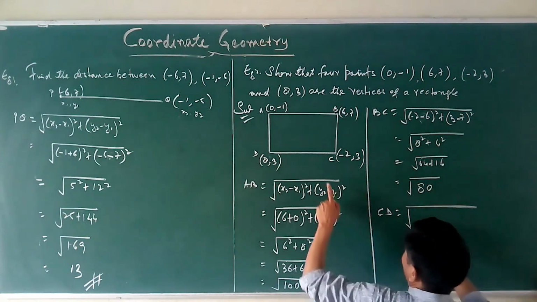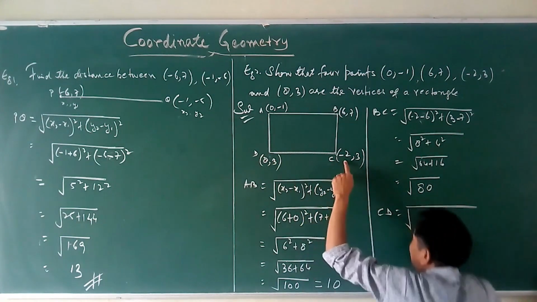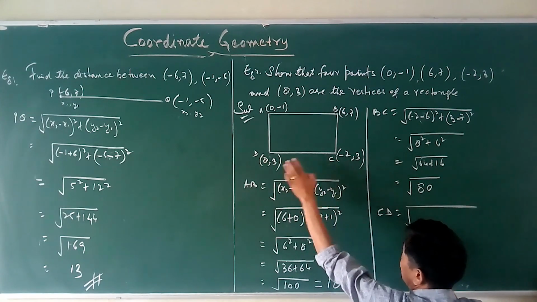Okay, the next one, C to D. C is negative 2 and 3, and D is 8 and 3.